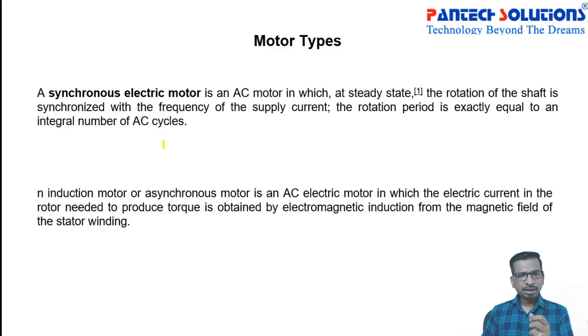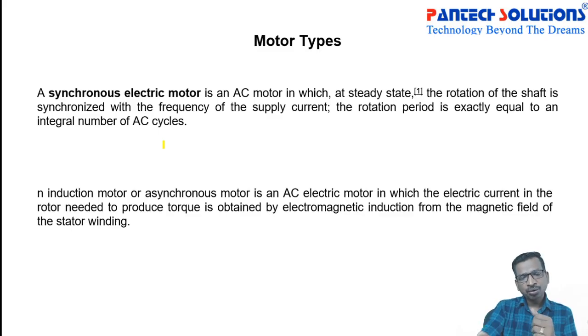And the other motor type, called the synchronous electric motor, is one where the rotor speed will be equal to the supply frequency. And asynchronous motor is nothing but induction motor. Actually the rotor speed will not be equal to the supply speed. In that case the slip will be there.